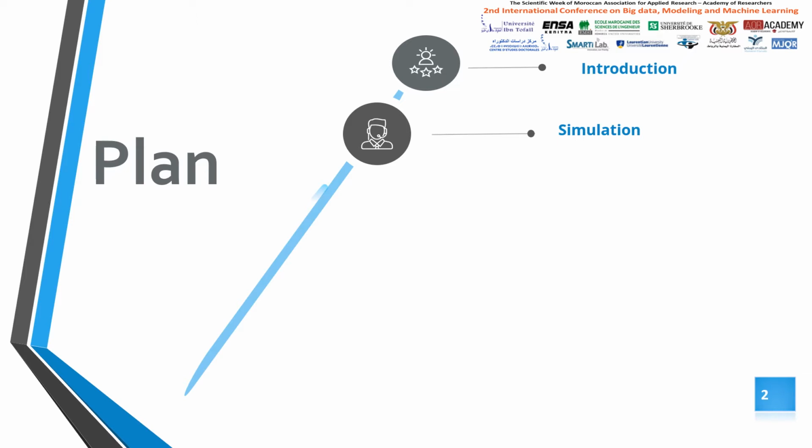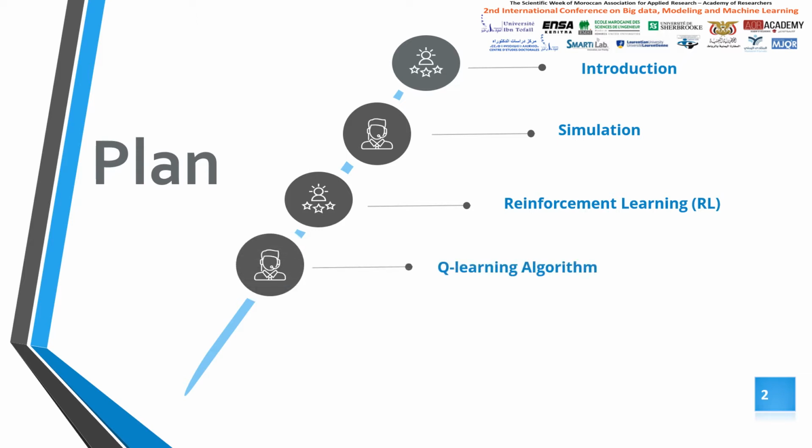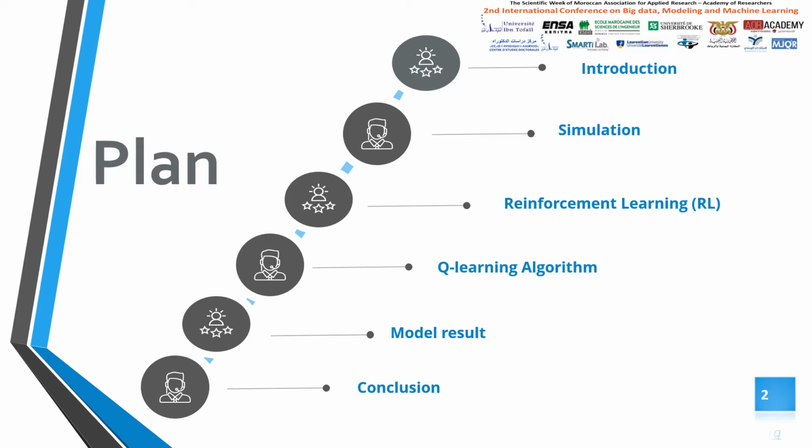Then we will define reinforcement learning and explain one of the reinforcement learning algorithms, the Q-learning algorithm that we used during this research. And we will display the results of the trained and evaluated model used. And I finish with a conclusion.